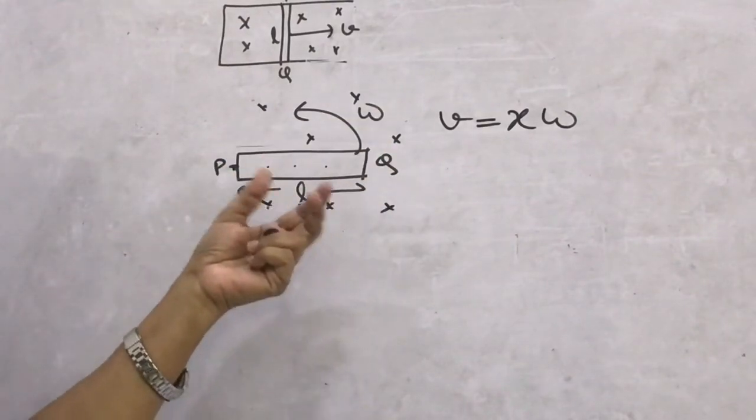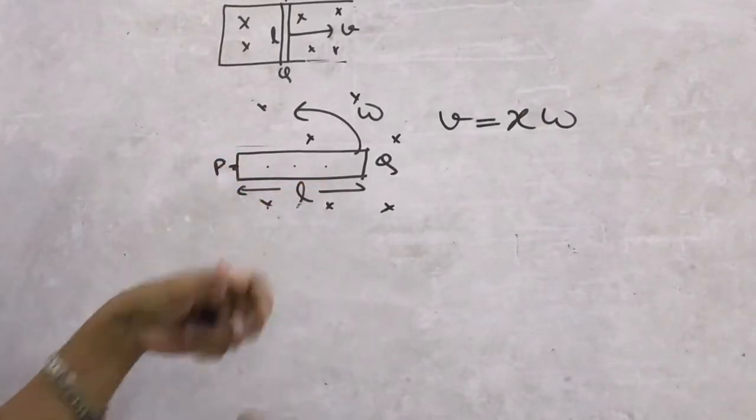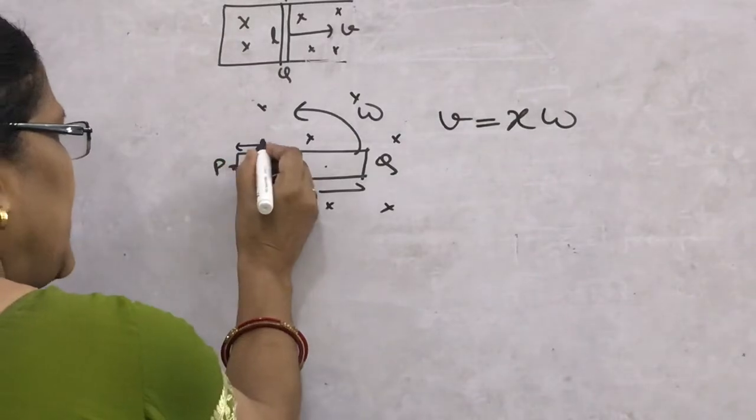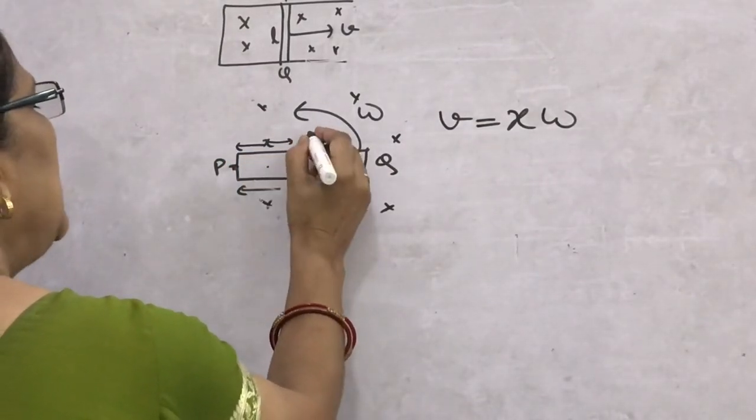Now we have to find whether EMF will be induced or not in the rod. Suppose at a distance x from P, we consider a small element dx.